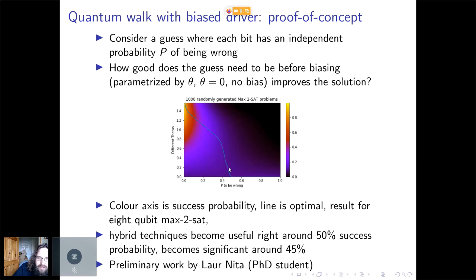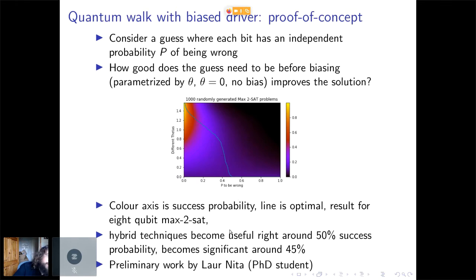This blue line is where the optimal angle to bias is. And this is the probability for each bit to be wrong. What you see is that right around where your guess is just a little bit better than completely random, it's actually a good idea to start biasing. And when you're only around 40% likely to be wrong, so 60% likely to be right, biasing quite a lot is actually the optimal strategy.